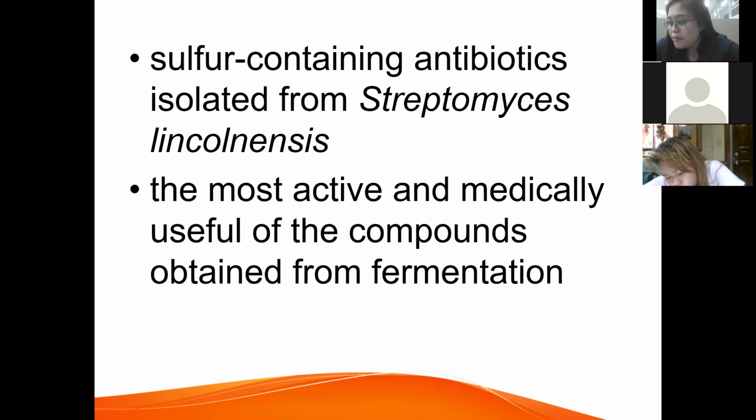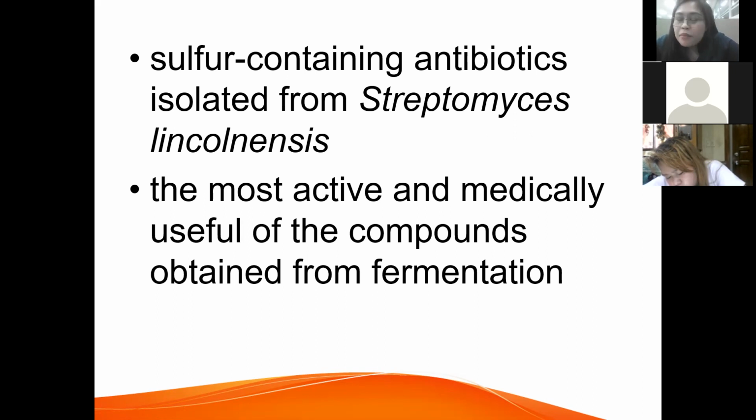And since they are antibiotics, they are obtained and isolated from a microorganism, specifically the Streptomyces lincolnensis. That is why they are called lincomycin: linco from the lincolnensis, and mycin with a Y because it is derived from a Streptomyces species.